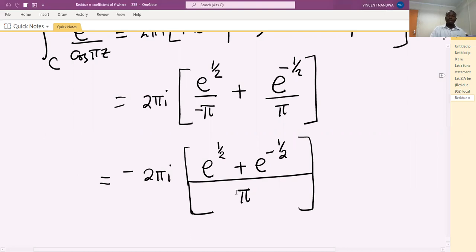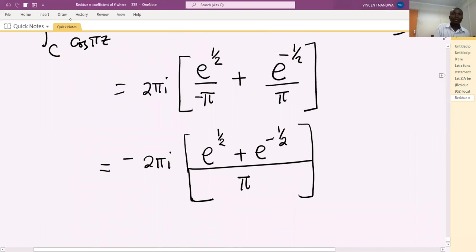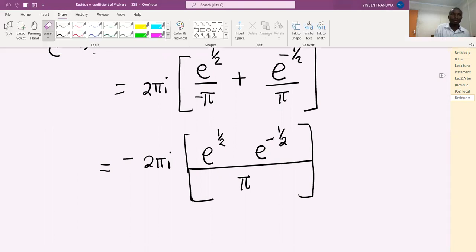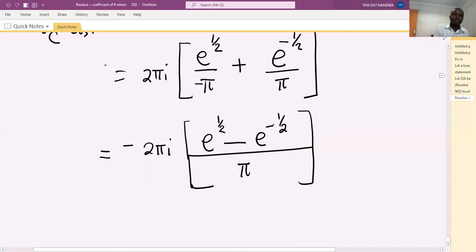So that's what we'll have. Now for me to factor out negative, I have to include a negative sign here. I'm taking this negative out, so for the original expression not to change, I need a negative sign at this point here. And you see, if I put pi here, then that pi and pi cancel out.